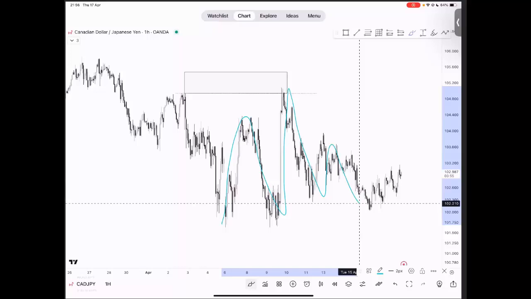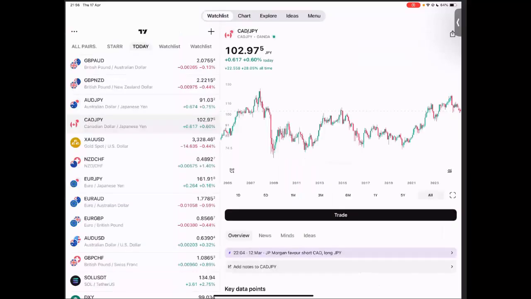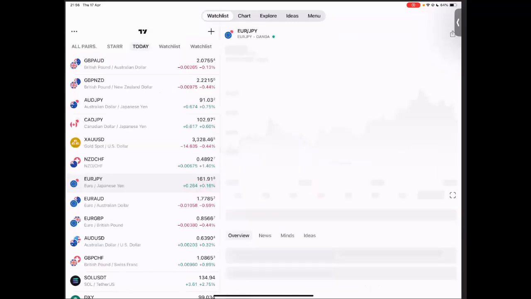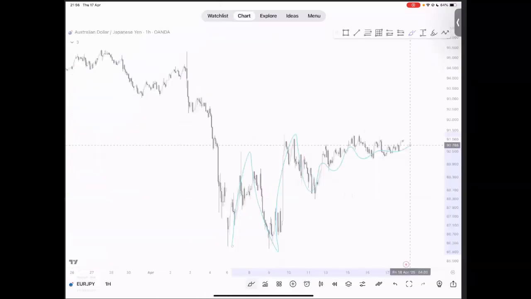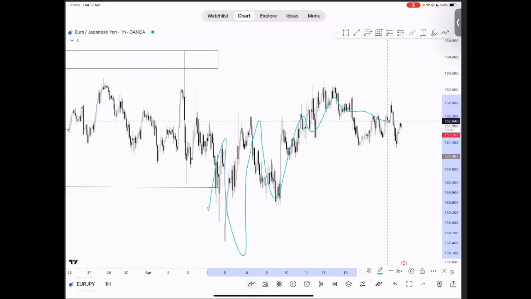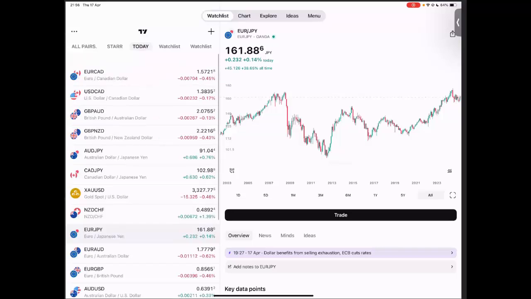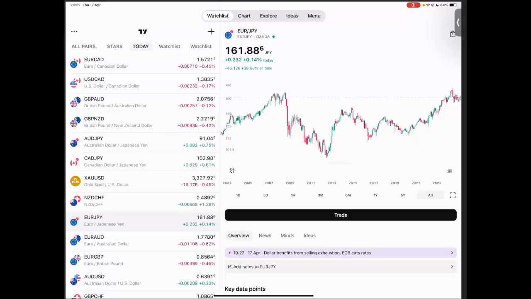And if you go to EUR JPY, it's still a very similar thing happening. Most of the time you see these pairs, the JPY and the CHF, usually have the same correlation, in the sense that what is happening currently on AUD JPY may have just happened on CAD JPY, or will happen on CAD JPY. Most of the time their structures are aligned.